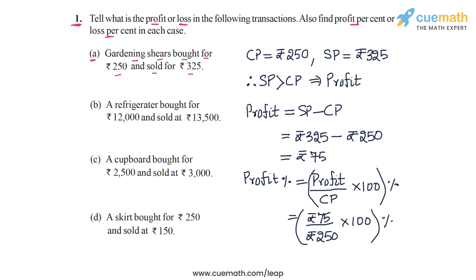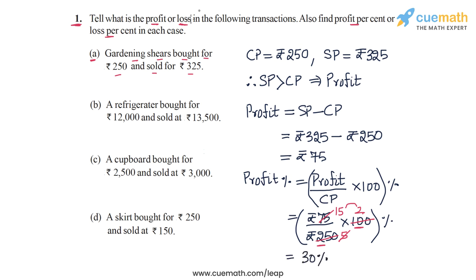Now let's calculate this expression. 100 and 250 have an HCF of 50. So 100 by 50 is 2, 250 by 50 is 5, and then 75 by 5 is 15. So we will get 15 into 2 and this will be equal to 30%.